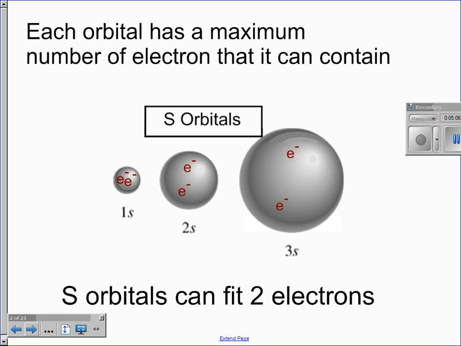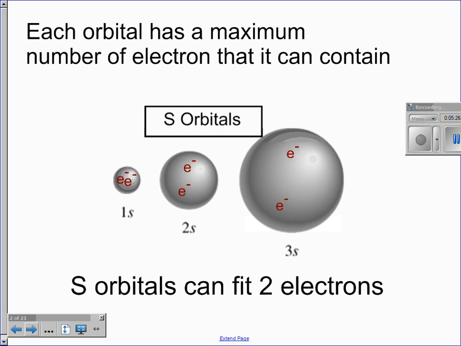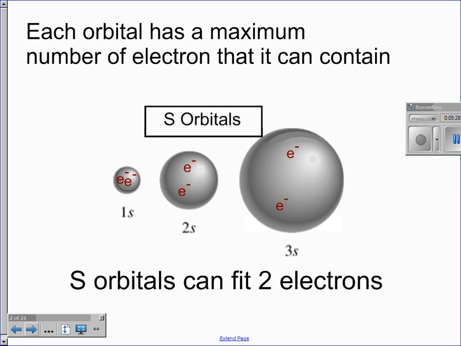You see 3 circles there. Those 3 circles represent different orbitals, and if we were to overlap them on top of each other, that's what it would look like if we put them all together as one big atom. Once again, s orbitals can fit 2 electrons.